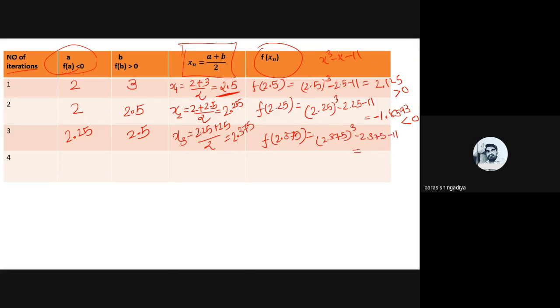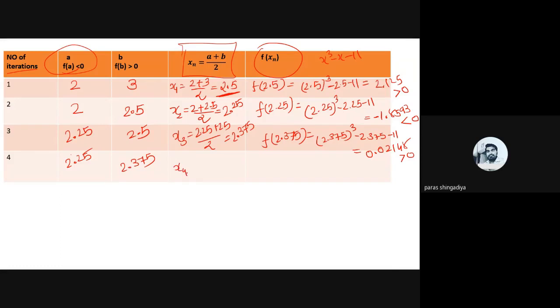That will be 0.02148. Okay, so it is positive. So we'll replace this 2.5 with 2.375 as the positive point. That is the next interval, and here 2.25 stays.